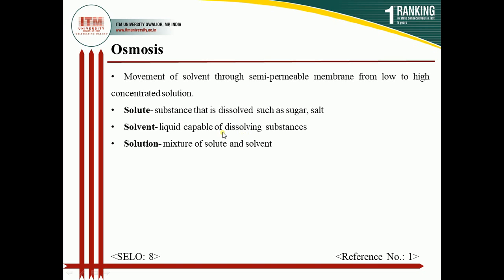So here I use the terms solute, solvent and solution. Solute means the substance that is dissolved, such as sugar, salt. If we add sugar or salt in water, then it is going to dissolve. So this is the solute. And solvent is a liquid that has the capacity to dissolve substances. So water is the best example of a solvent. And what is a solution? It is a mixture of solute and solvent.